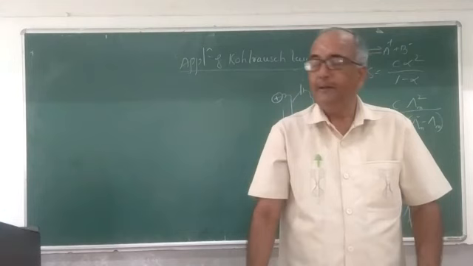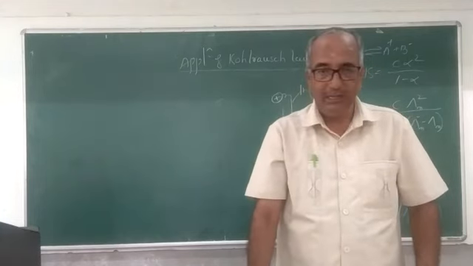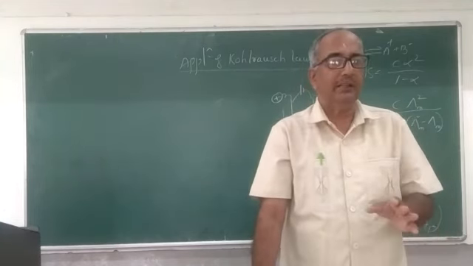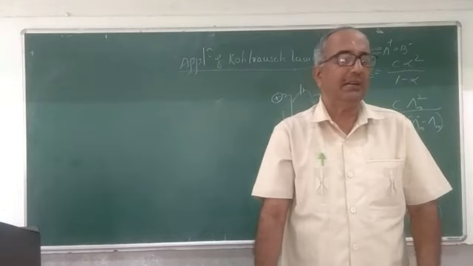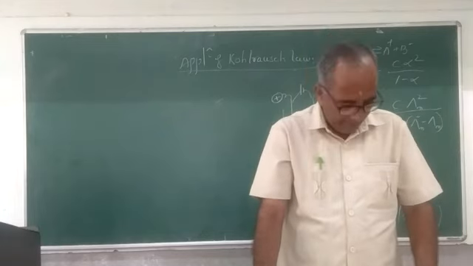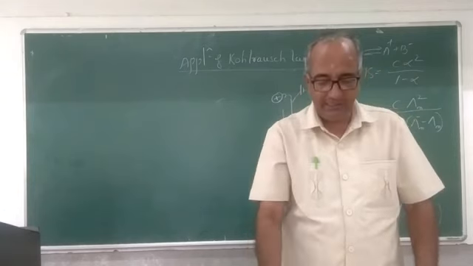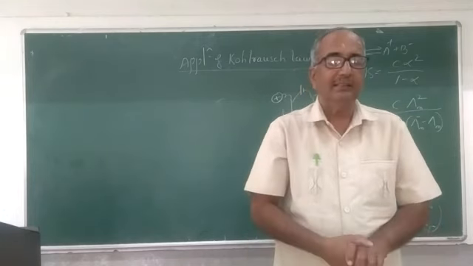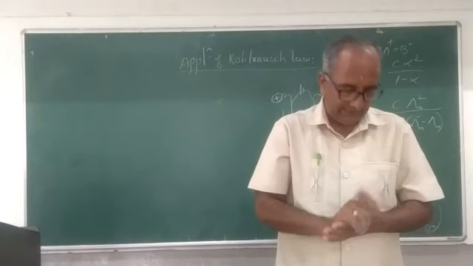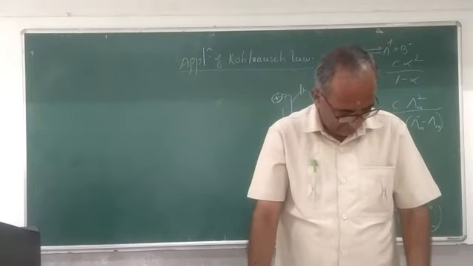So this is about electrolysis. Electrolysis is the process of decomposition of an electrolyte by the passage of current through it, either in the molten state or in the aqueous state.